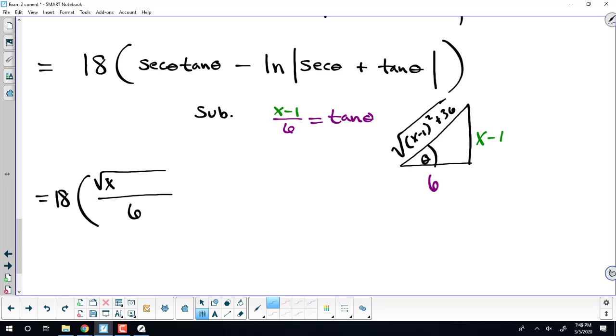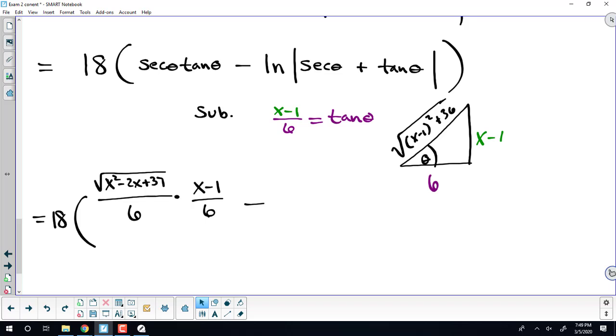Let's just write that as is, we can expand it, it doesn't really matter. Okay, so that's our sum of squares under the radical. Secant theta, tangent theta, we already know what that is, so times tangent theta, x minus 1 over 6. And then we're subtracting off the natural log of secant plus tangent.